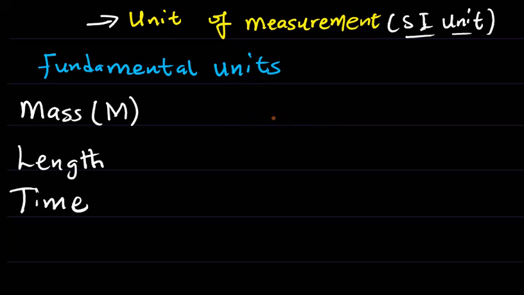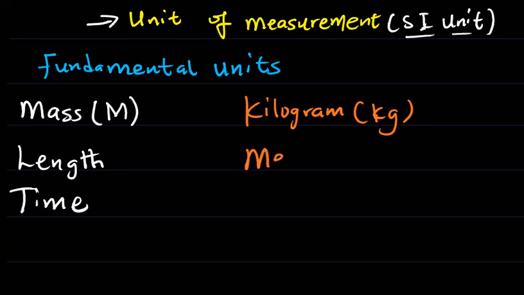So mass is measured in kilogram and abbreviated as kg. That is the SI unit of mass. Then length. Length is measured in meter. Time is in seconds.